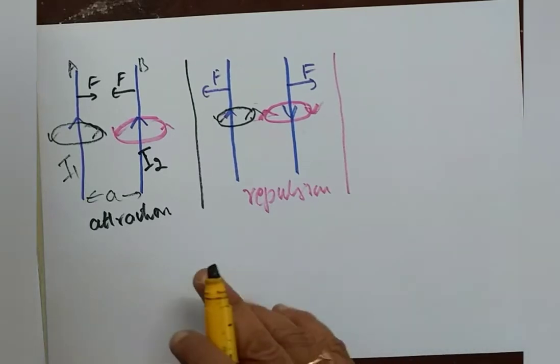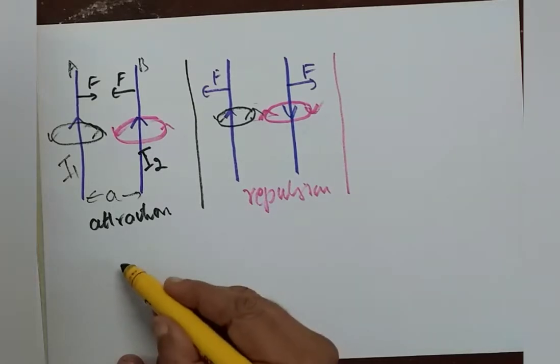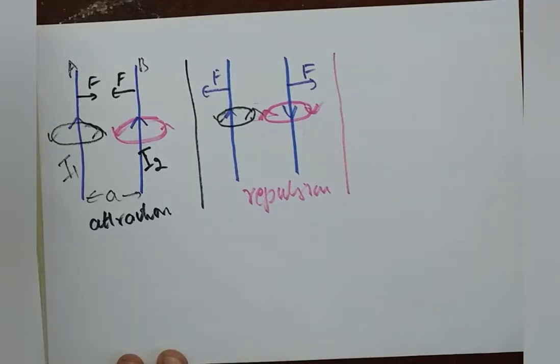Now, looking at this diagram, we can see that conductor B is immersed in the magnetic field of conductor A, or otherwise also true, conductor A is immersed in the magnetic field of conductor B. But for the sake of clarity, we simply write one.